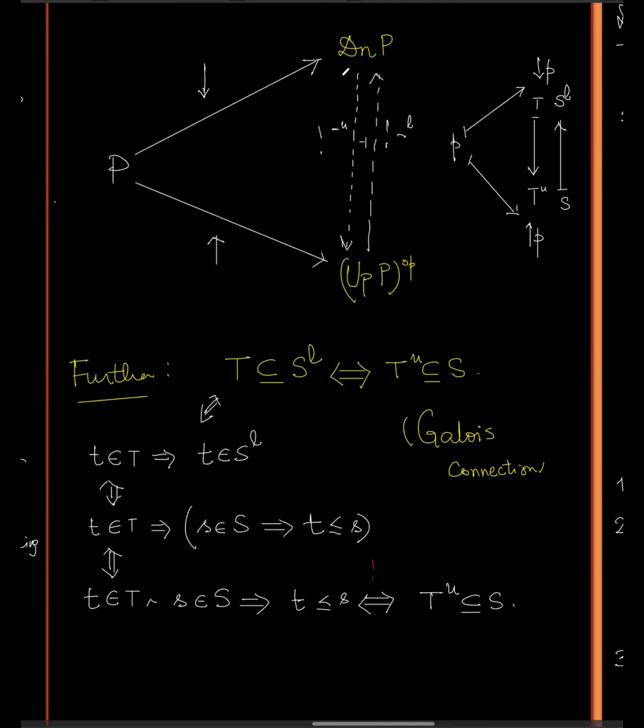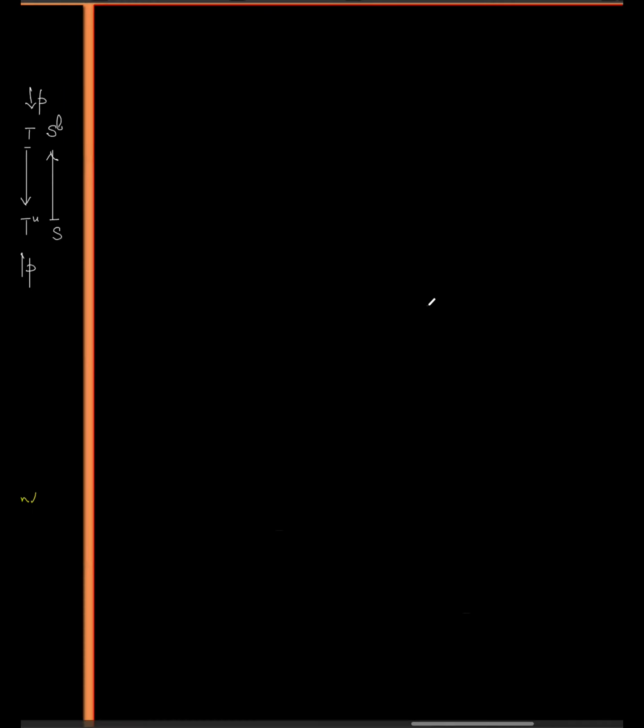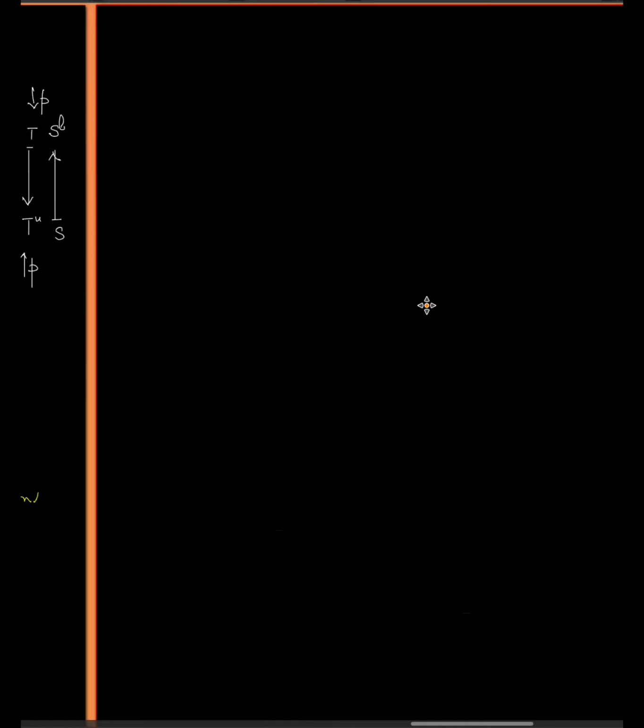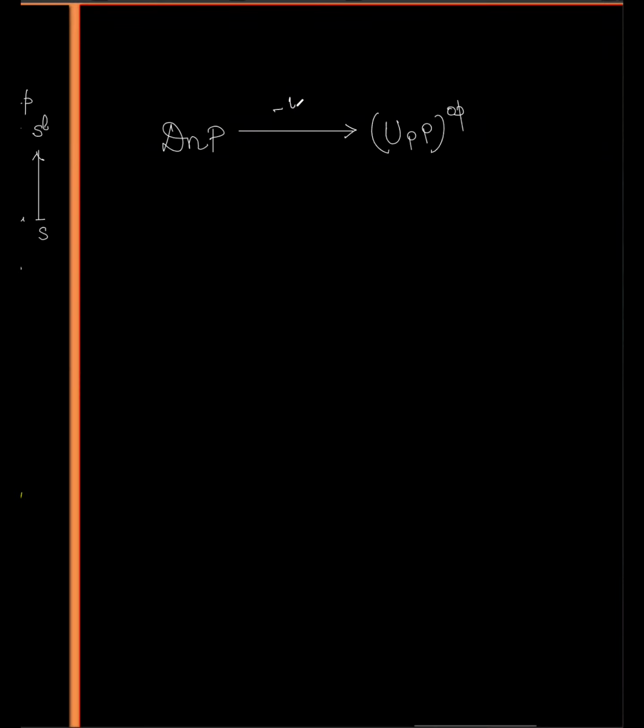So I have my downsets and my upsets. Here you take the upper bounds, here you take the lower bounds.